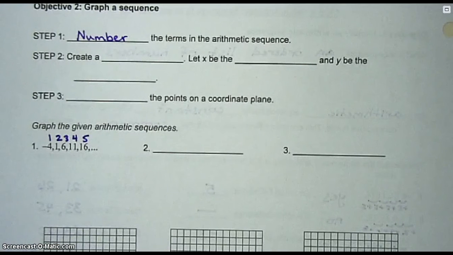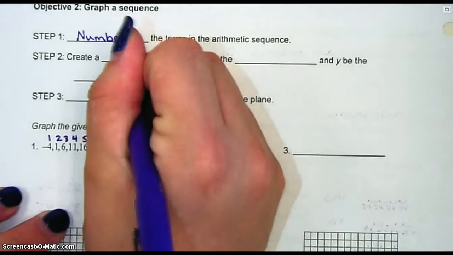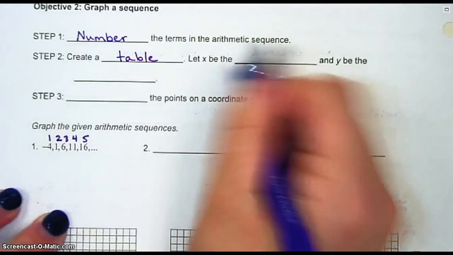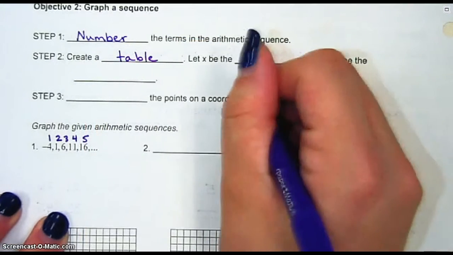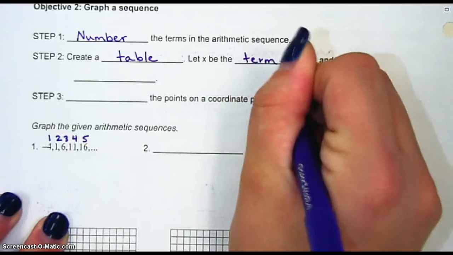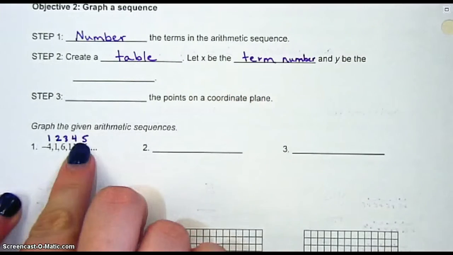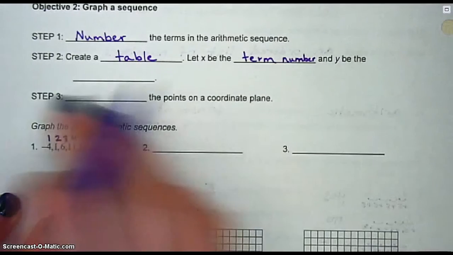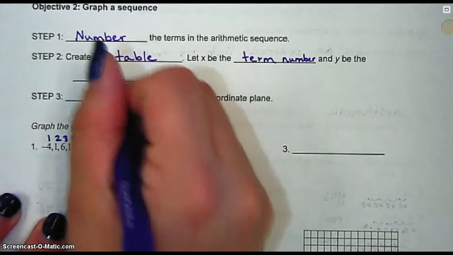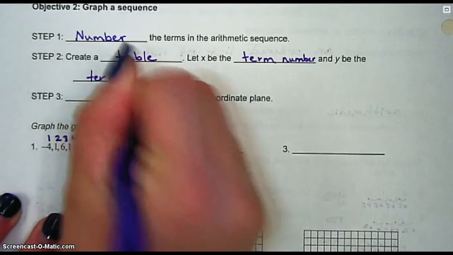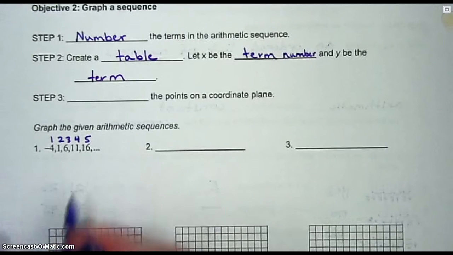Step 2 says create a table. Let X be the term number, which is the number we just wrote, and Y be the actual term. So we're going to make our table.